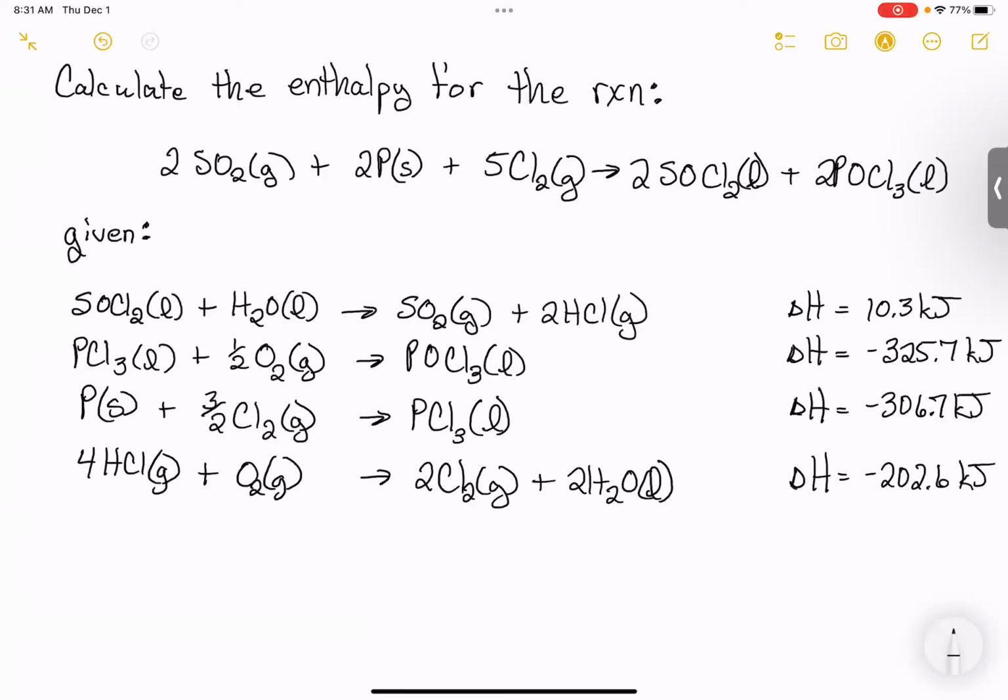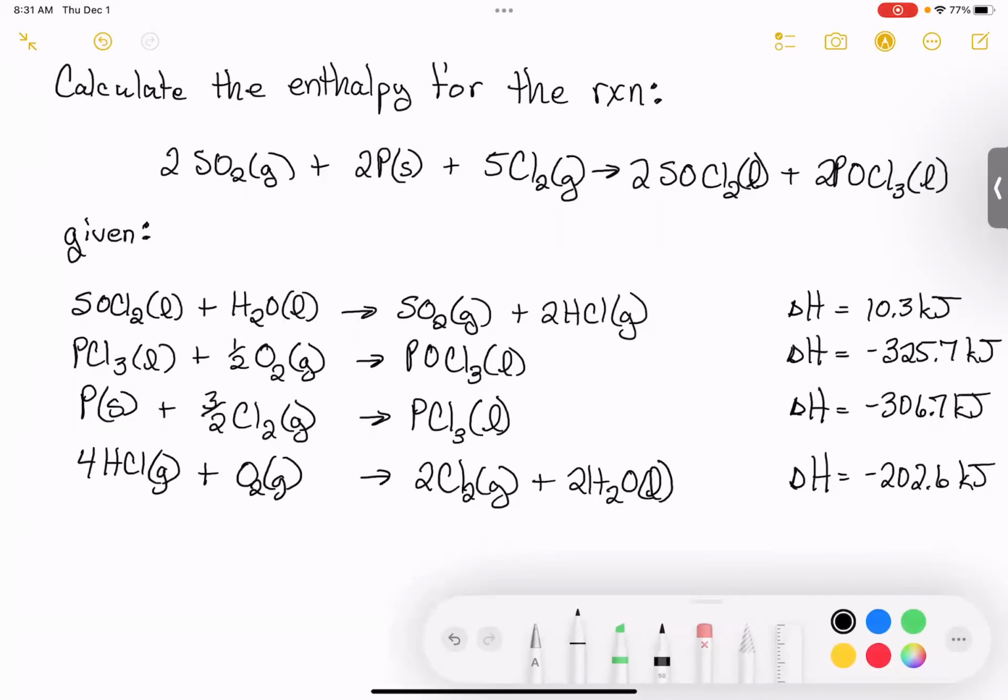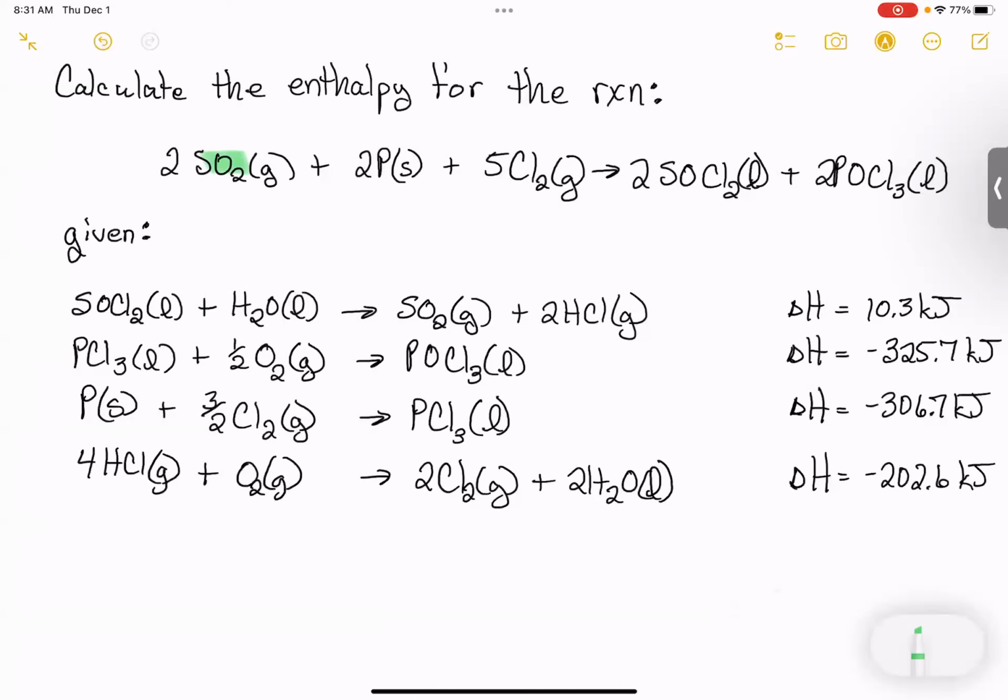Okay, so when I work with a Hess's law problem, the first thing I do is I look at my very first substance, SO2 gas. And I look for an equation that involves SO2 gas.